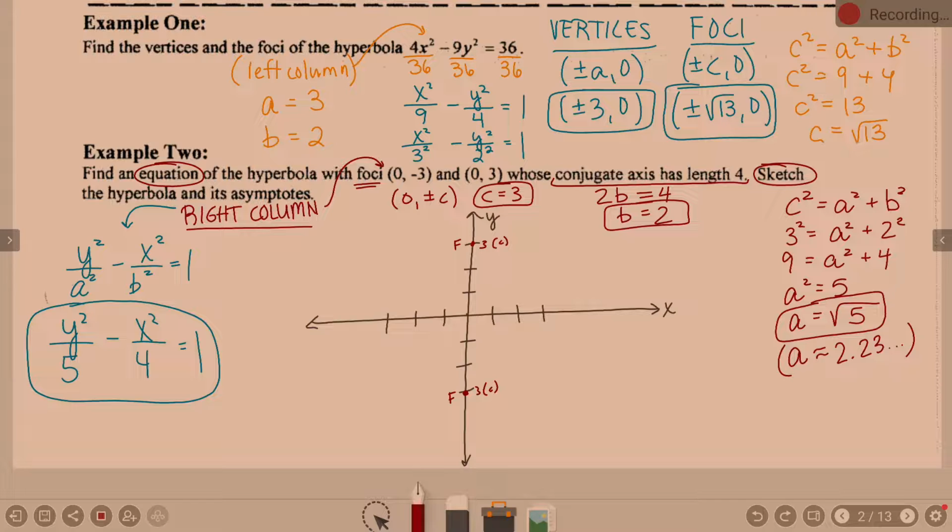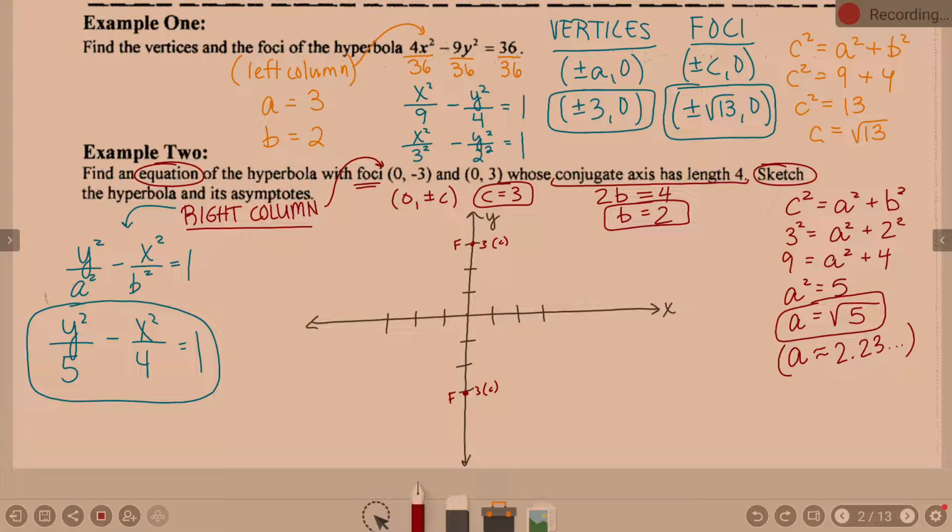What is my A value? My A value was the square root of 5. This is when I'd really like a whole number, but we weren't given that, so we're going to deal with the square root of 5. If A is the square root of 5, it's going to go on the same axis the foci are, and that's going to take us to our vertices.